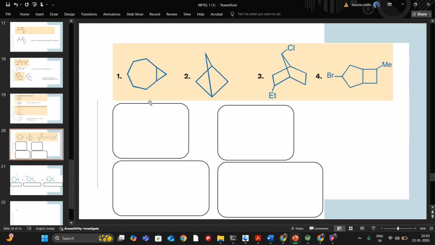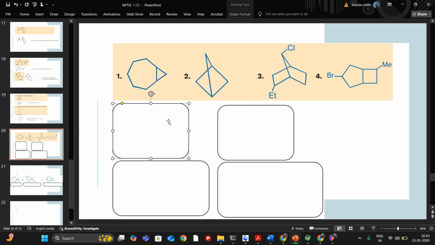As you know already, the bicyclic compounds naming will always start from the prefix bicyclo, which will be followed by a bracket which will contain the number of carbon atoms present on both sides of the junction. While putting the numbers inside the bracket, always remember you have to go from higher to lower number of atoms.